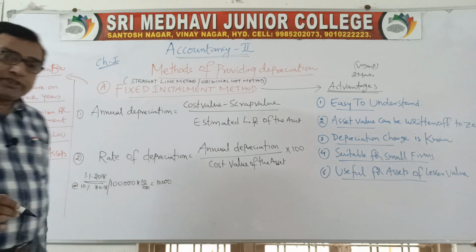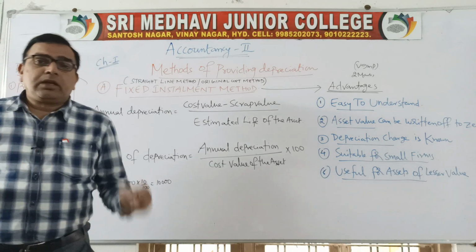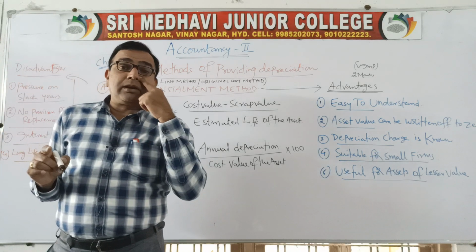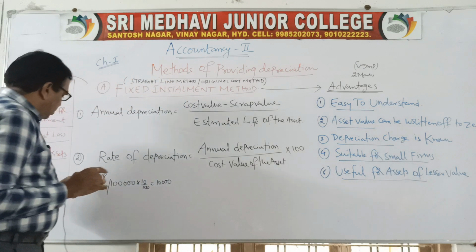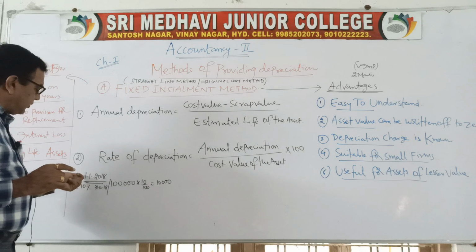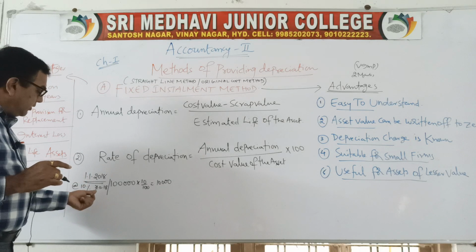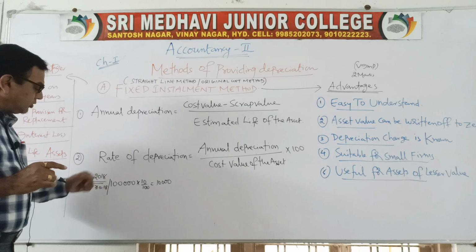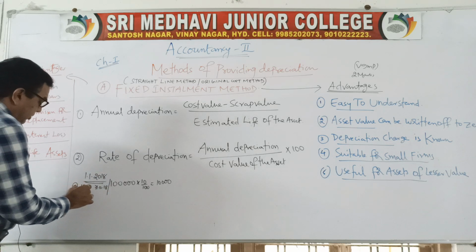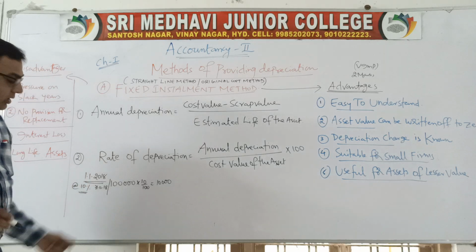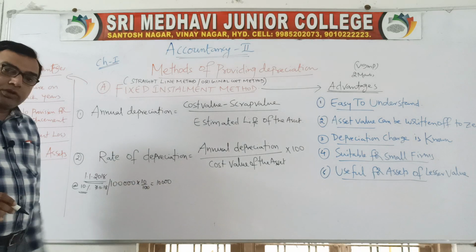Irrespective of the date of purchase, remember that depreciation is always calculated on the last day of the year. So though you have purchased machinery on 1st January 2018, we provide depreciation on 31/12/2018 on the cost of 1 lakh at the rate of 10%. So 1 lakh into 10 by 100 comes to 10,000.